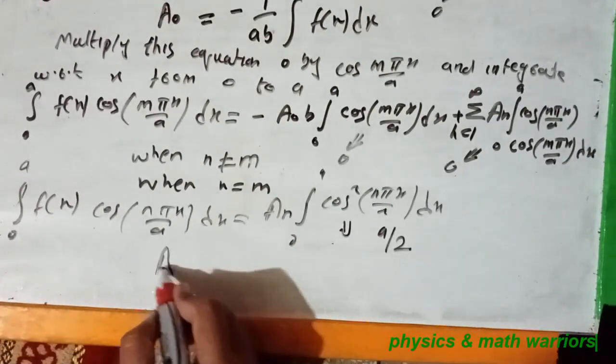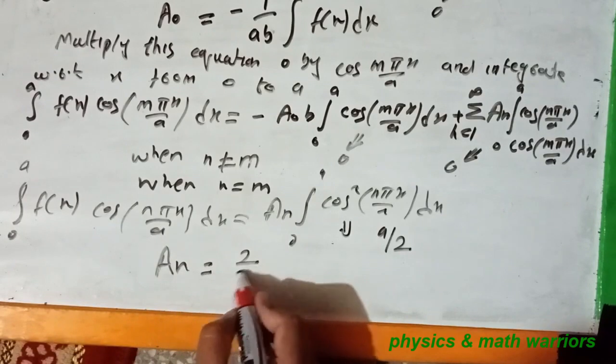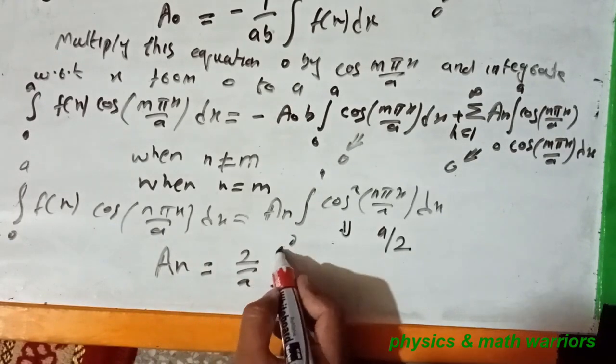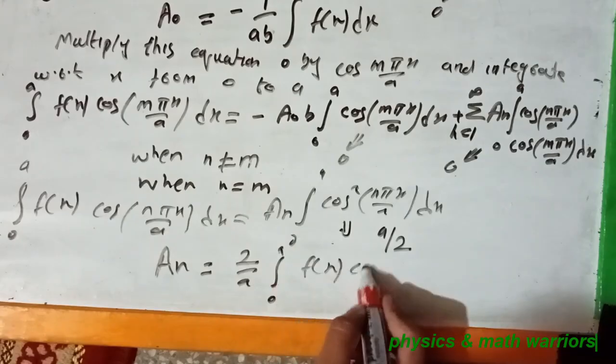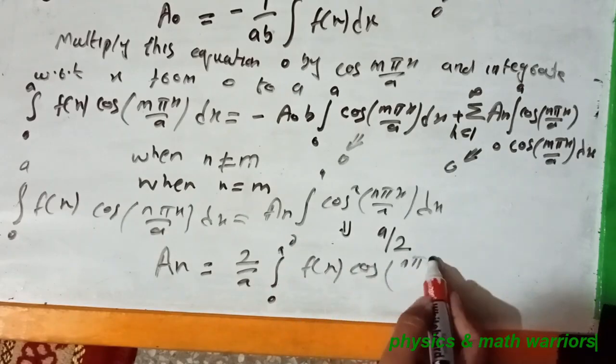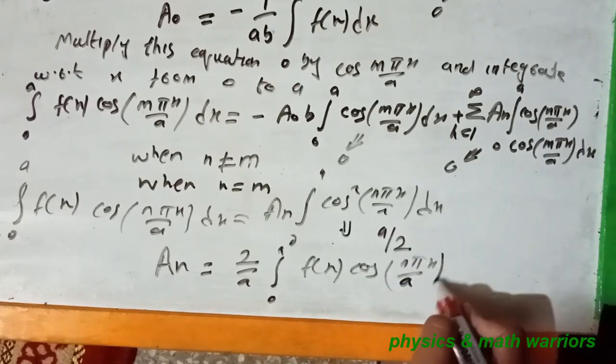So an is equal to 2 by a integral from 0 to a f of x cos n pi x over a dx.